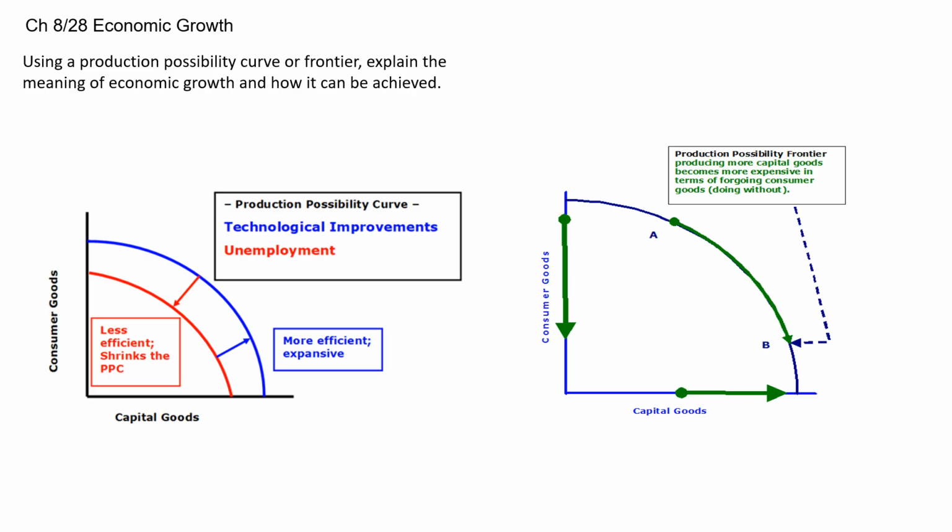Anyway, so on the left-hand side is productive efficiency, and the right-hand side is moving from one part of the production possibility curve to another, redeploying those productive resources.